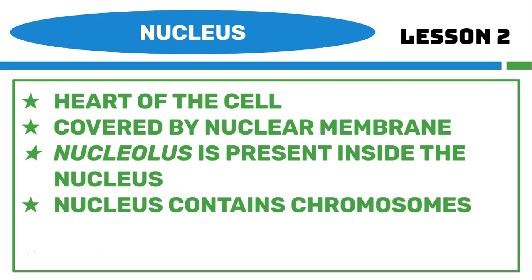Around the nucleolus, there's chromatin, a strand-like DNA material. During cell division, this chromatin divides into individual chromosomes. So we can say that the nucleus contains chromatin, which divides into chromosomes.